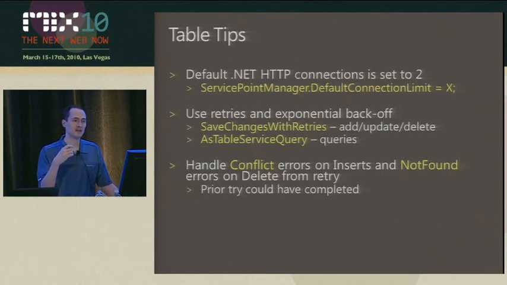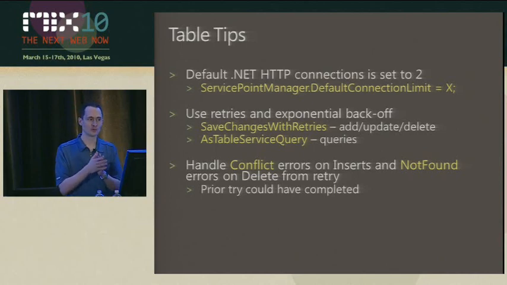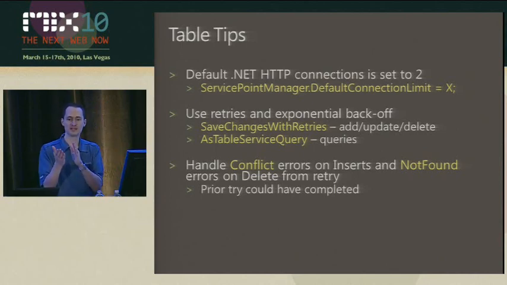Okay? But due to a connection failure or whatever, the success result was not returned back to the client. So the client will retry. And then it will go back there and say, oh, wait, the entity is already there. Or for a delete, the entity doesn't exist anymore. So you need to make sure that your application successfully handles these conflicts that you can get back when doing retries.